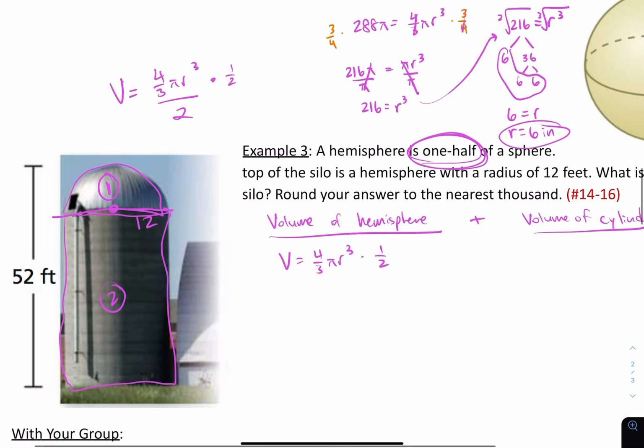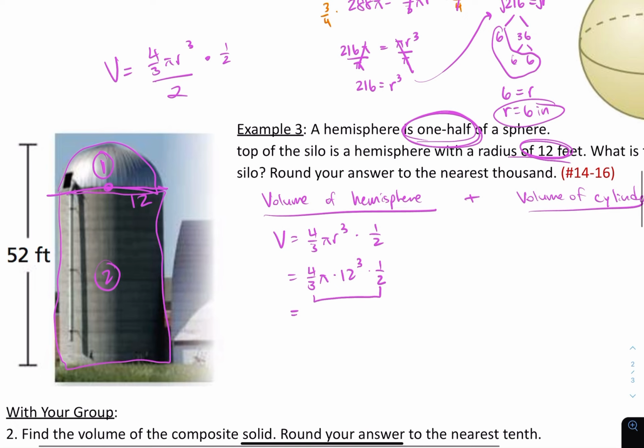All right, so now let's figure all of this out. It says it has a radius of 12 feet. So let's just plug that in: 4/3 pi times 12 cubed times 1/2. I'm going to multiply these two fractions together. So I have 4/6 times pi times 12 cubed, which is 1,728. We're going to start dealing with huge numbers here.